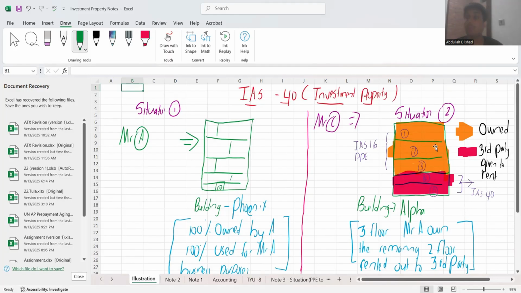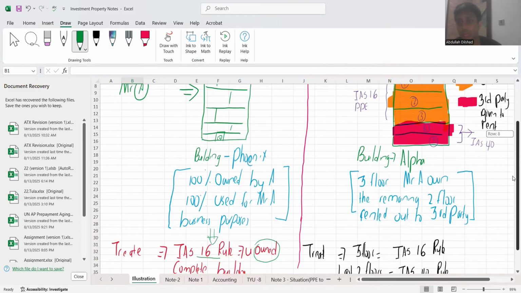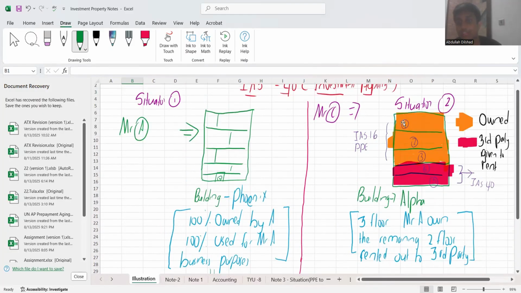So you might be thinking, how do I do the accounting for this? It's simple, guys. Look at the first, second and third floors. The intention is to use them for Mr. C's business purposes, so you treat them under IAS 16, property, plant and equipment.